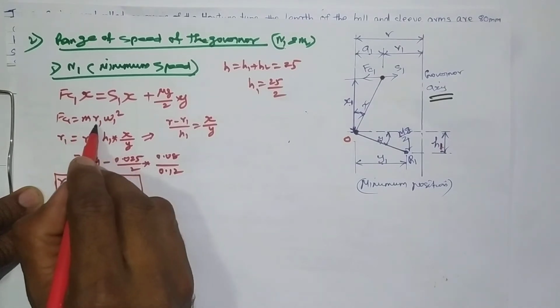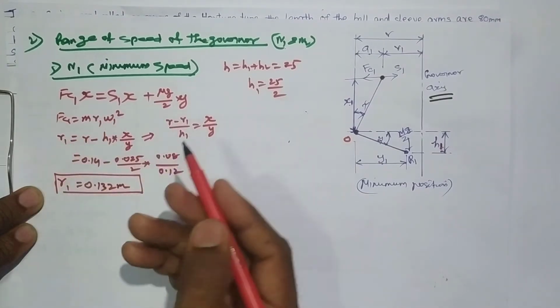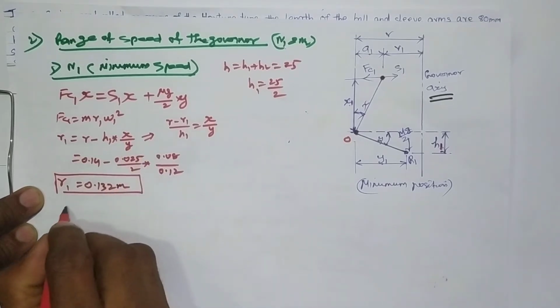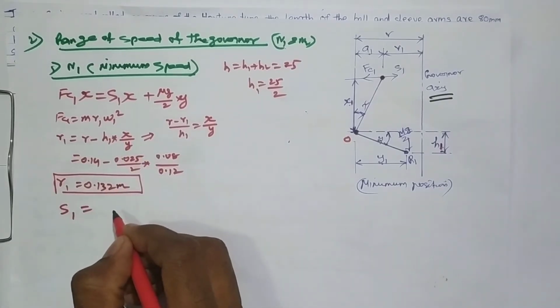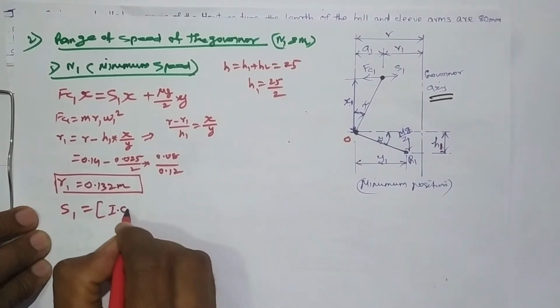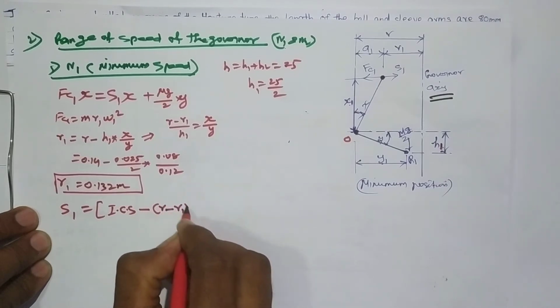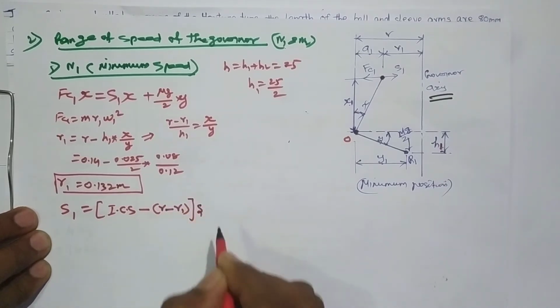So in this equation, m you know, r1 you know, omega1 square we don't know. So next you find out S1. How do you find out S1? S1 equal to the initial compression of the spring plus r minus r1, into the spring stiffness.